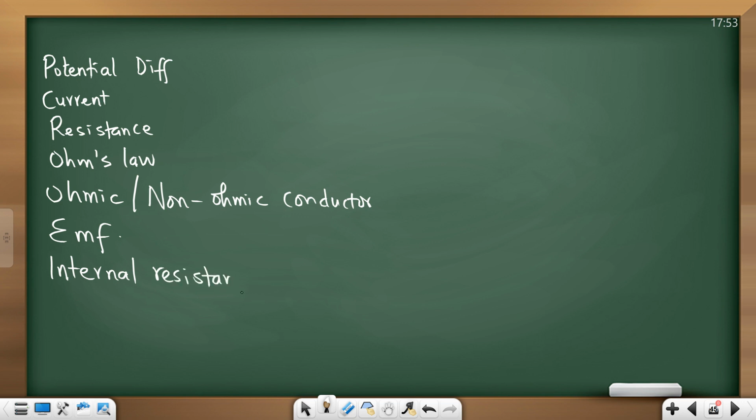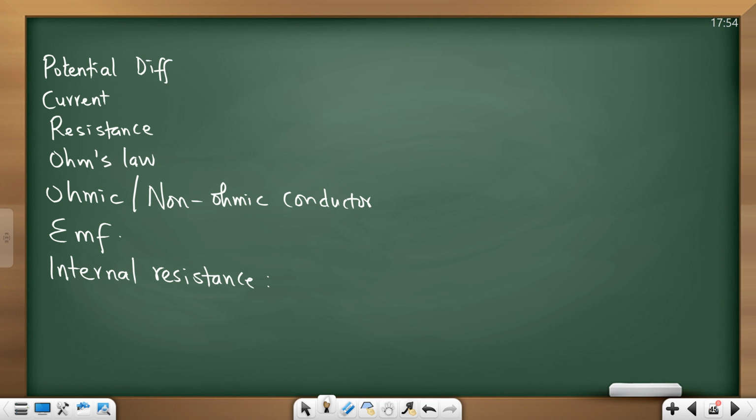Internal resistance is the opposition to the flow of current within the battery. Take note of that. Internal resistance is the opposition, because generally resistance is opposition to the flow of current. But when I say internal, then you add the clause to it, within the battery.